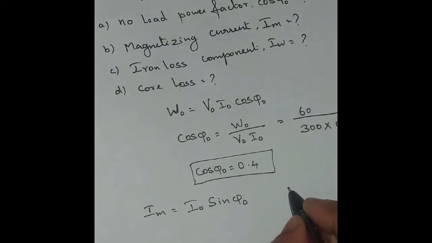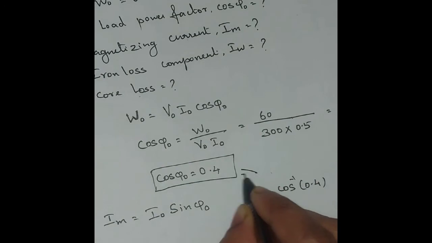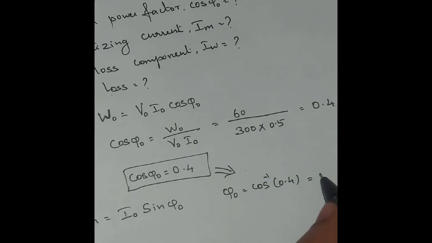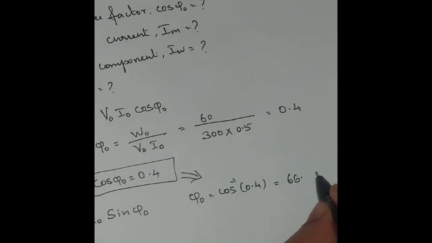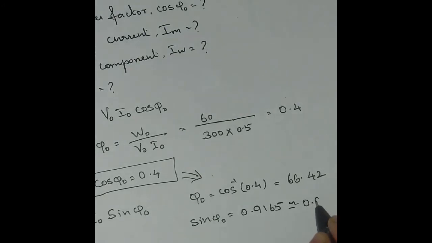From the no load power factor, we can take phi naught is equal to cos inverse of 0.4, which is equal to 66.42 degrees. So sin phi naught is equal to 0.9165, which can be approximated as 0.92 with 2 decimal places.